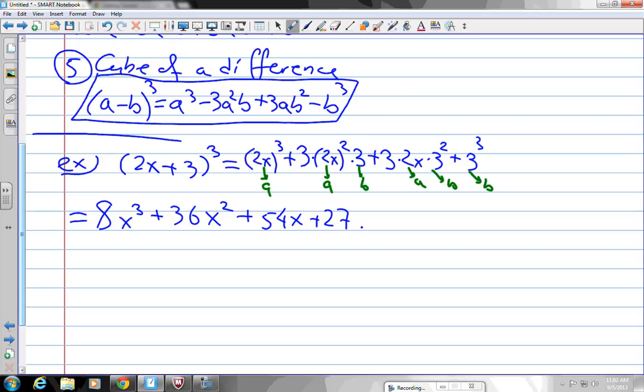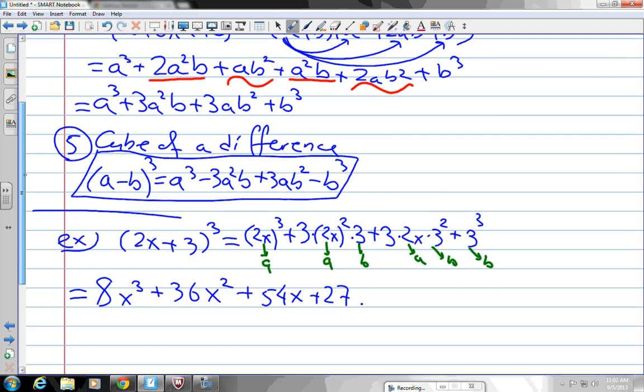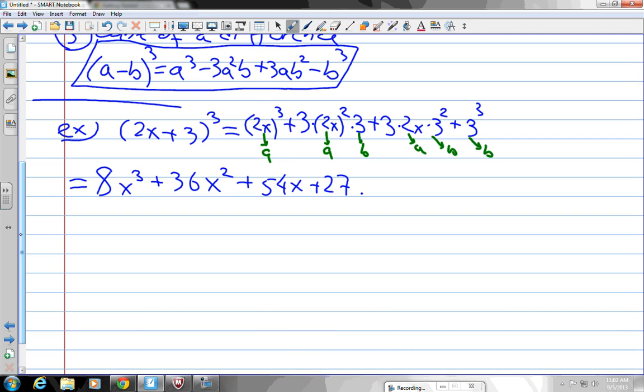So there we go. Well, those are not like terms. They have different powers, so that's it. We're stuck with that. Cannot do anything.